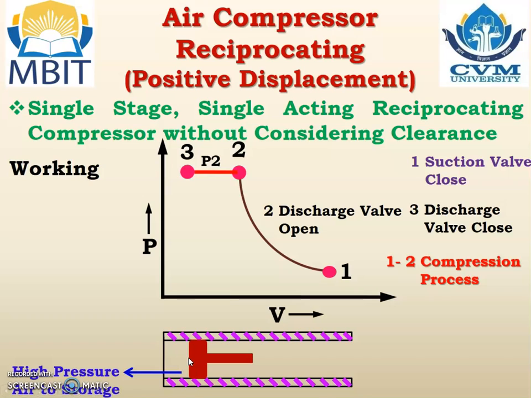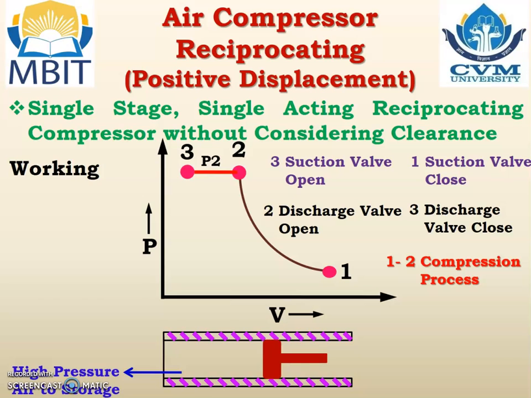Now when the piston is moving from left hand side to right hand side, even if the suction valve opens, do you think that air from the atmosphere will enter? No, because atmospheric air is at atmospheric pressure, but the pressure inside the cylinder is high.